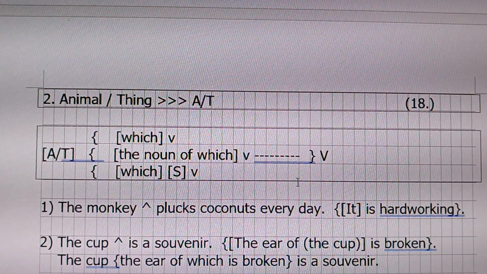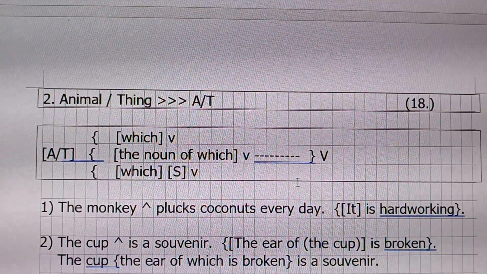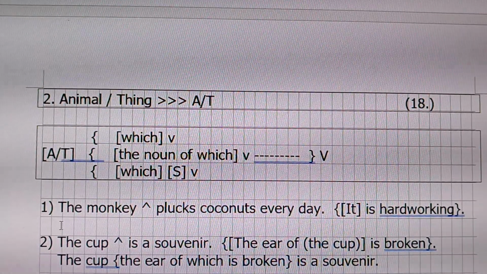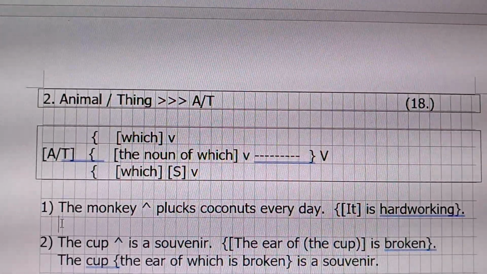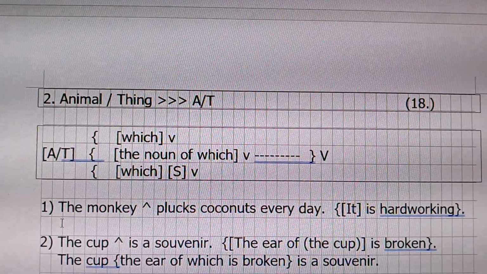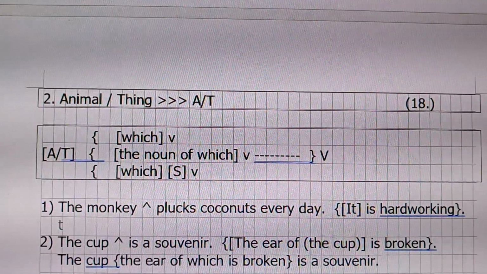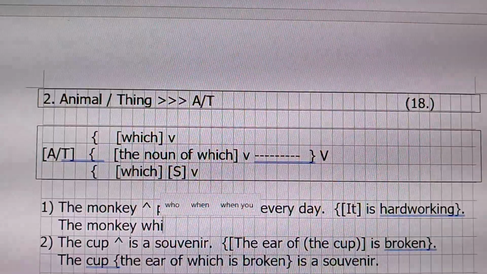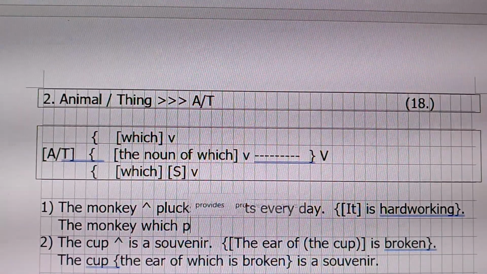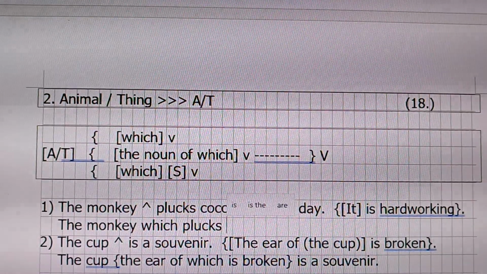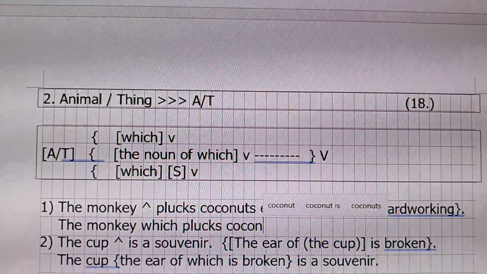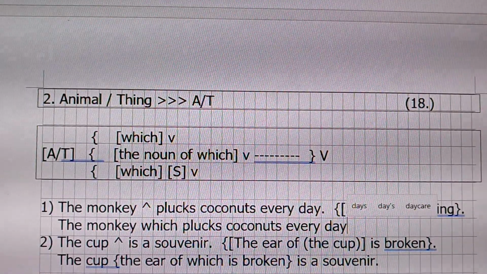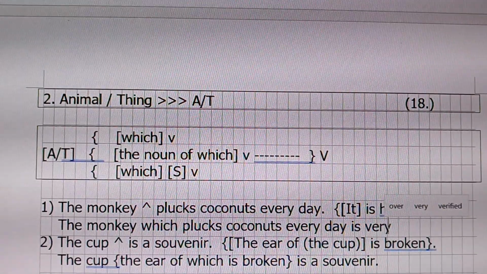The monkey plucks coconuts every day. It is hardworking. So what is the answer? You can say the monkey which plucks coconuts every day is very hardworking.